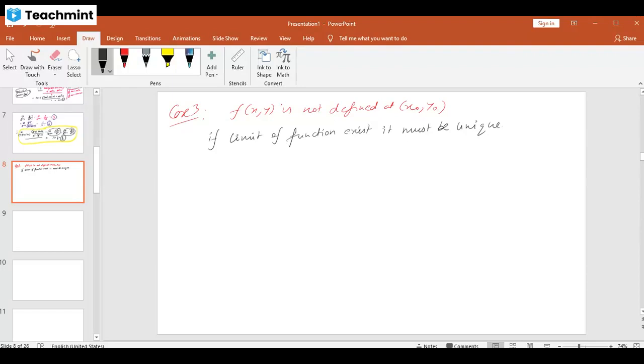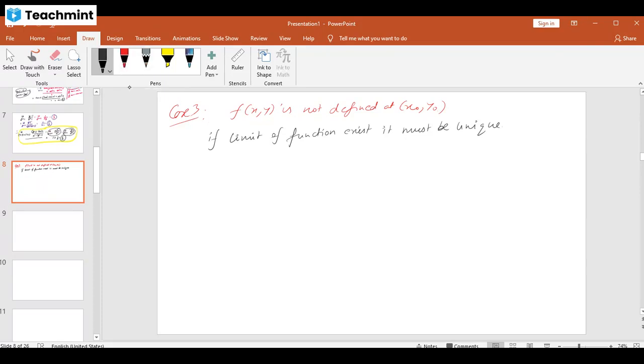So if we choose a different neighborhood path and the limit of the function is different, then we say that the limit of the function does not exist. That means if the limit depends upon the path.